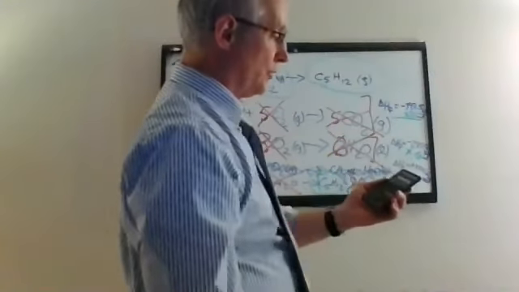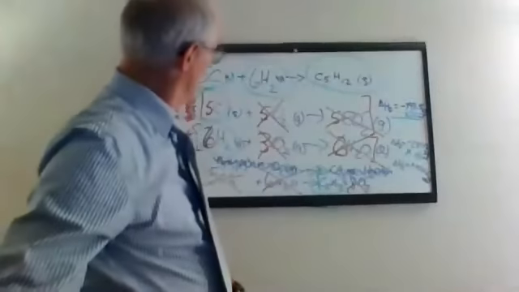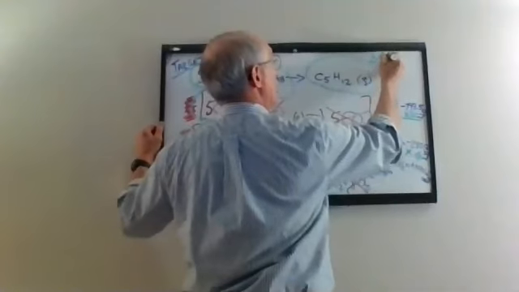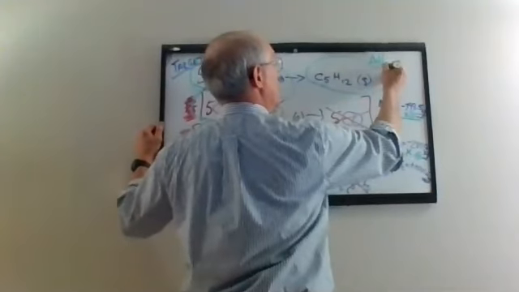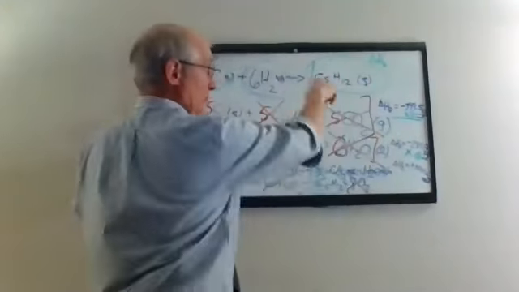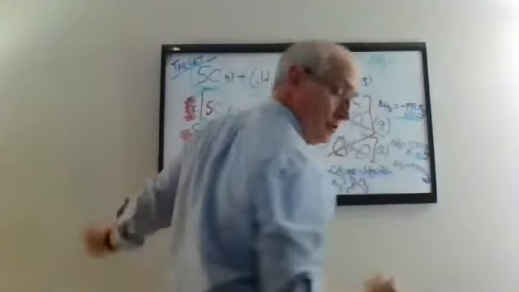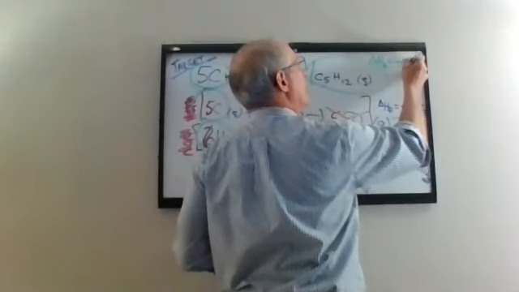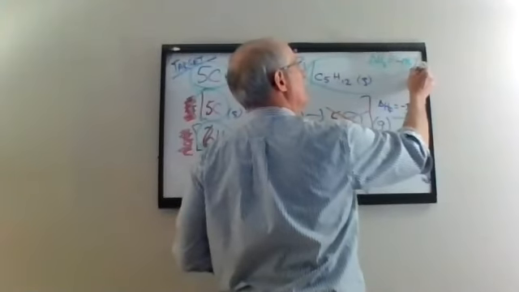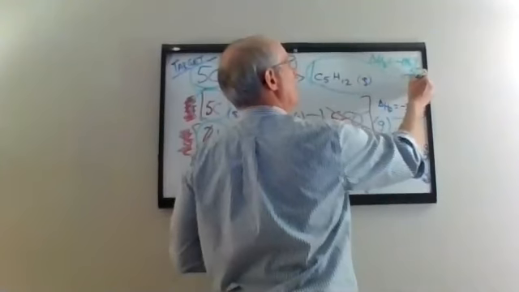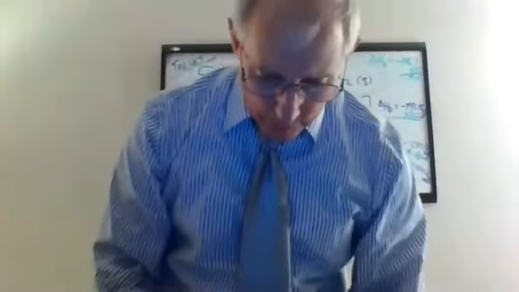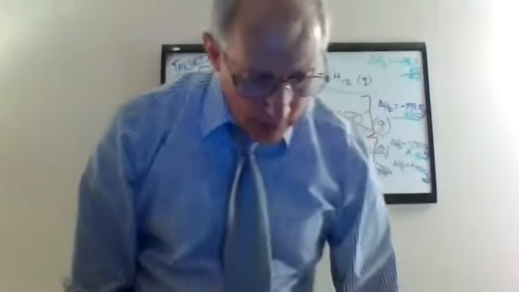It says it's negative 146.7. It says that delta H formation of 1 mole of pentane is negative 146.7 kilojoules per mole. Negative 146.7. Let's turn the page. Boom, negative 146.7. Worked out good.